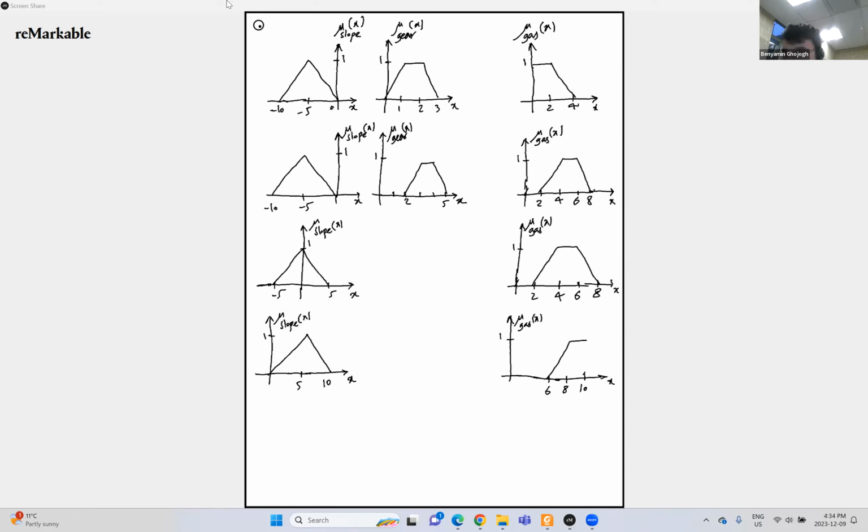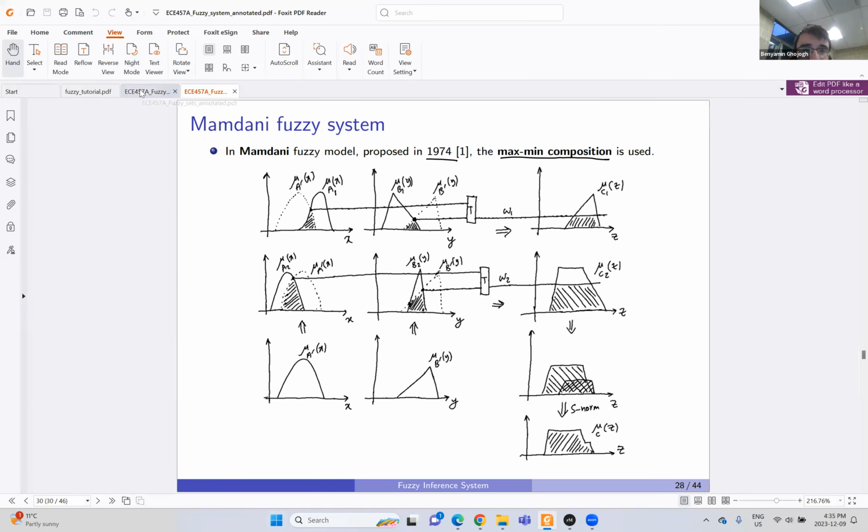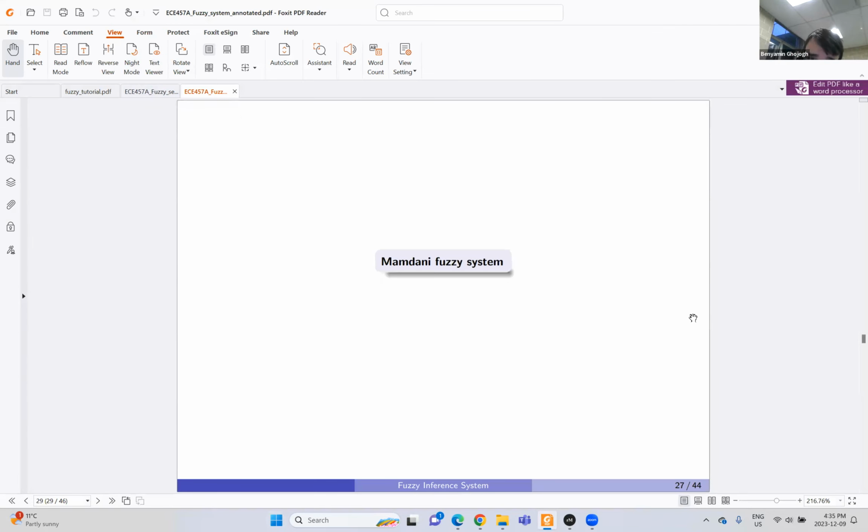Okay, so these are the rules. As you see, for these 2 rules, I don't have any membership function for gear. All right. Now assume my input comes and I fuzzify it using any technique that we talked about.